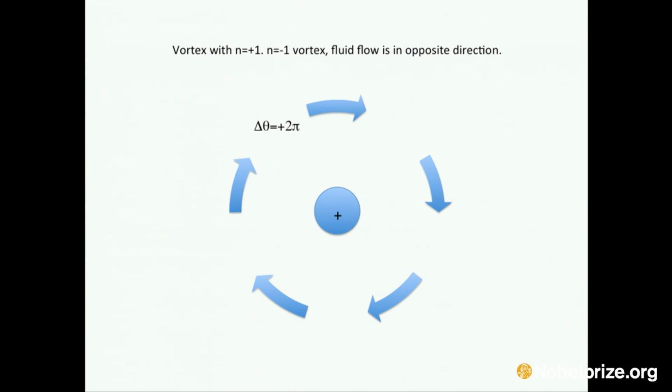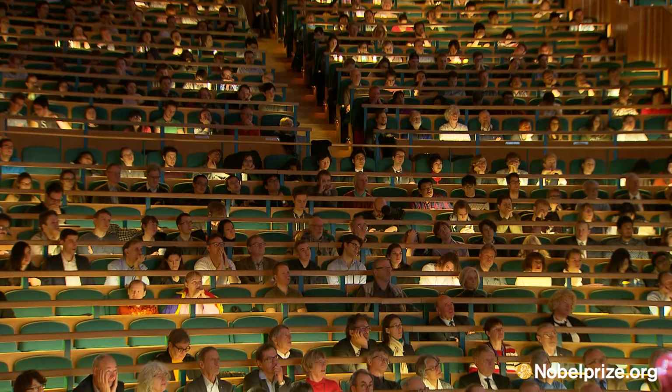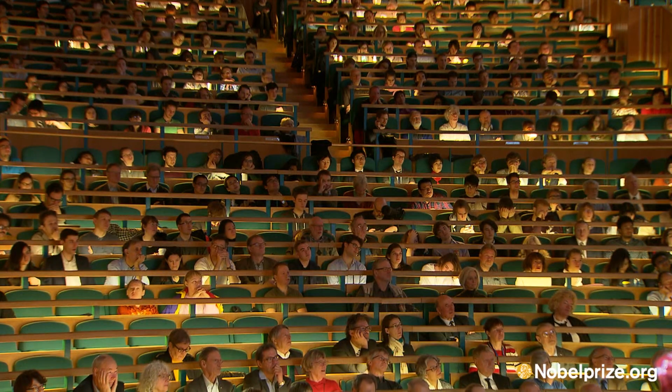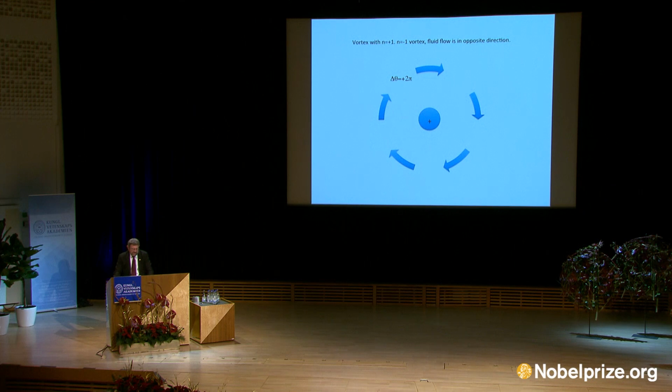The point in the middle, the blue blob, is the core of the vortex. What happens at the vortex core is that the magnitude of the order parameter is just 0. So in other words, it's a hole. Topologically, it's like a hole in the surface. So of course, one can have a contour running around a hole where the phase change can be 2 pi. There's nothing wrong with that.